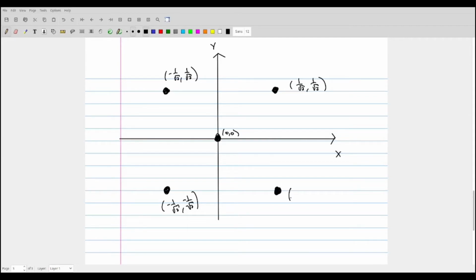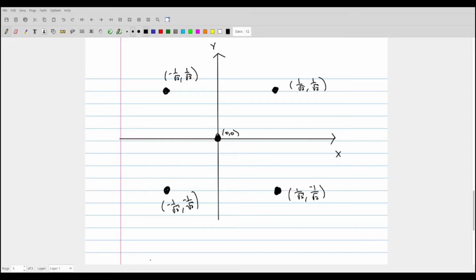And lastly, the point (positive 1 over the square root of 2, negative 1 over the square root of 2) is a critical point. So the solution to that system of equations gives us 5 total critical points of this function.